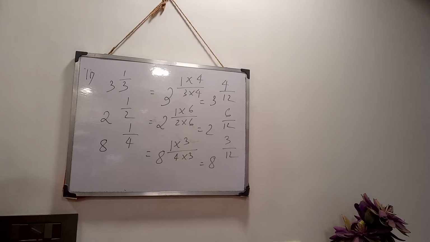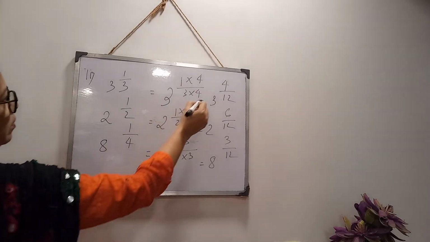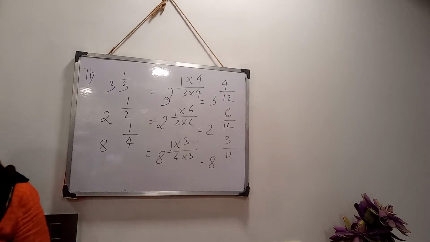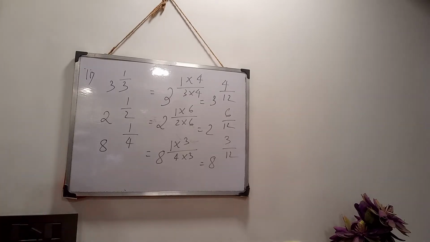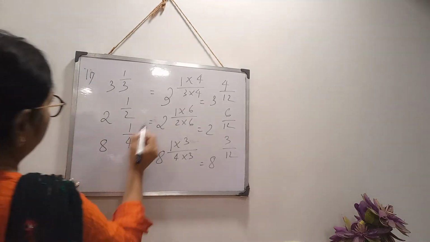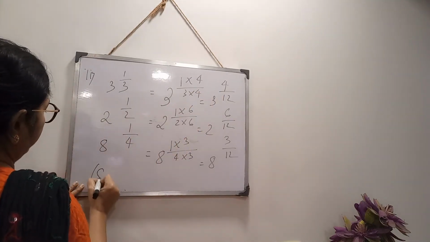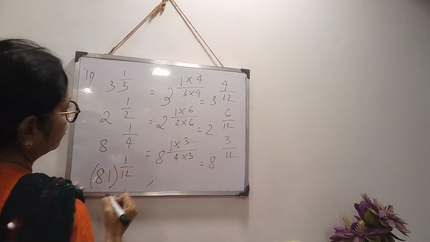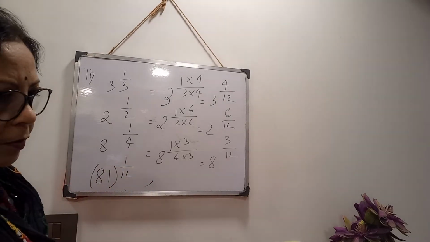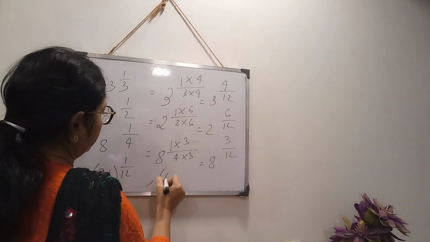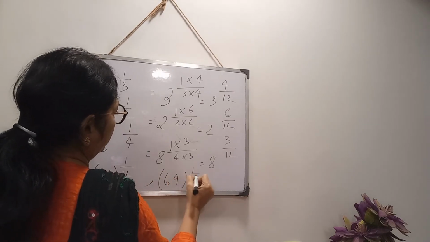Clear? So first this 3 to the power 4. 3 to the power 4 means what? 81. I am writing 81 to the power 1 by 12 for this number. Then next one 2 to the power 6, 64. 64 to the power 1 by 12.